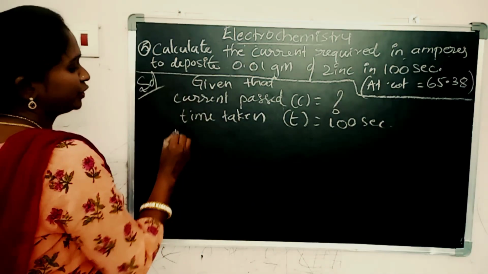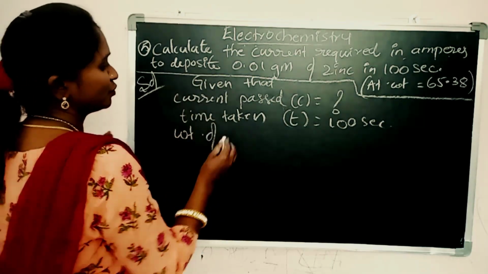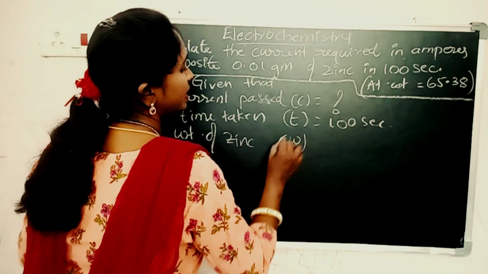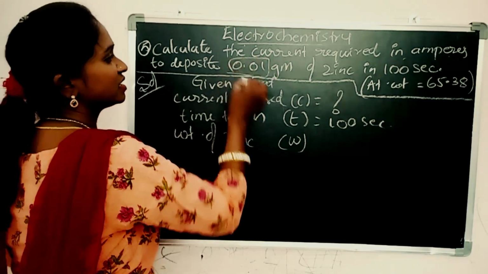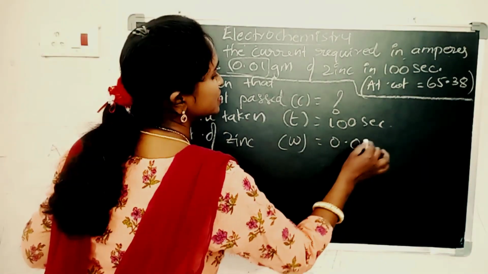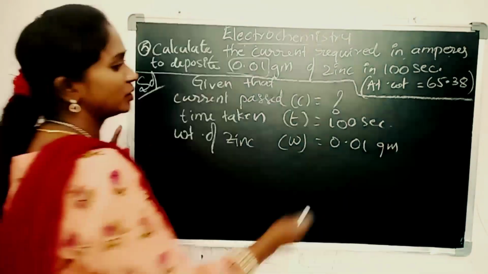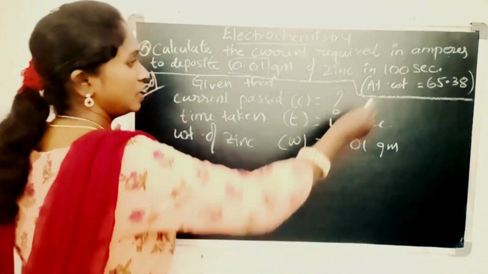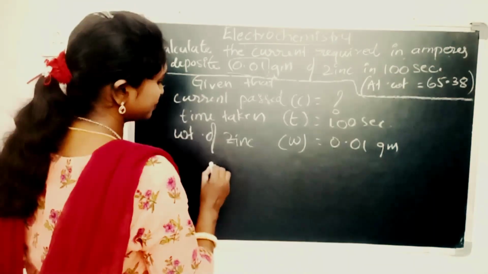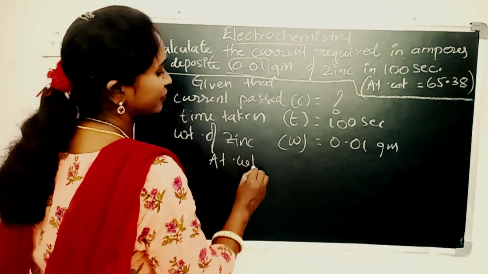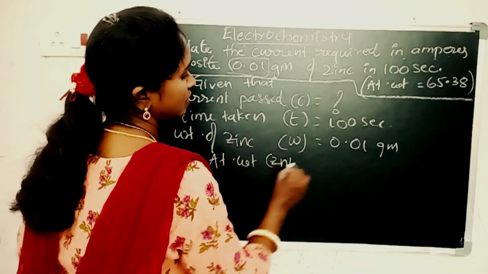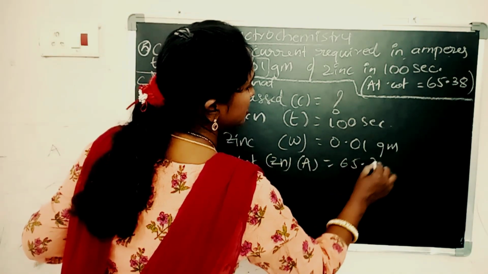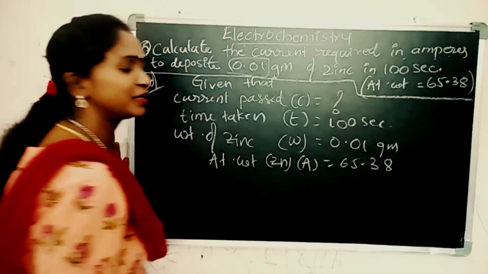Next, weight of the substance deposited, weight of zinc deposited, W: 0.01 gram. Next, the atomic weight of zinc is given: A equal to 65.38. This is the atomic weight of zinc.